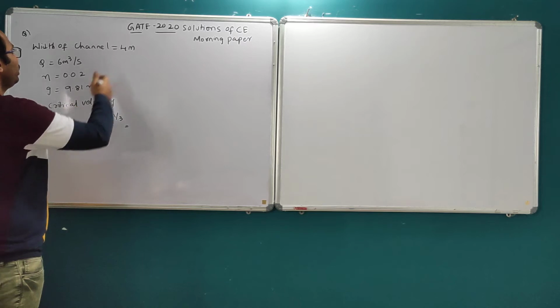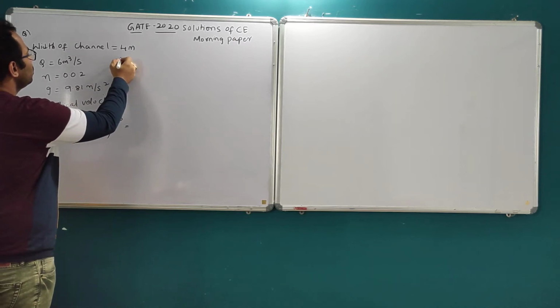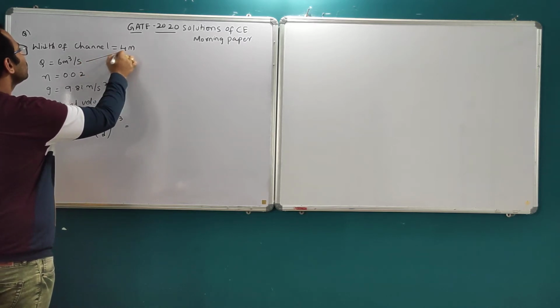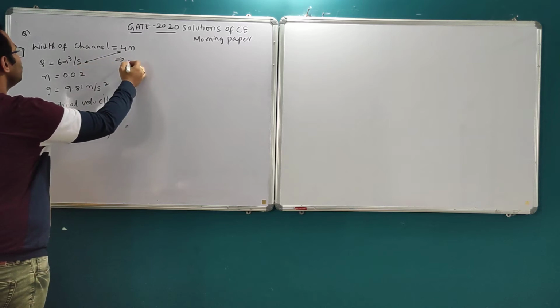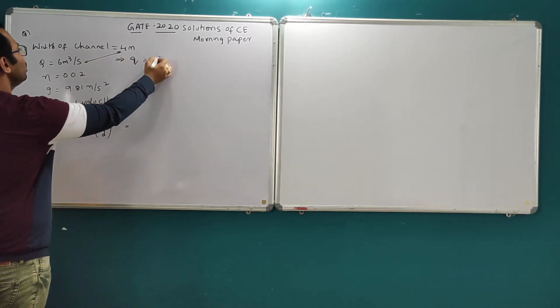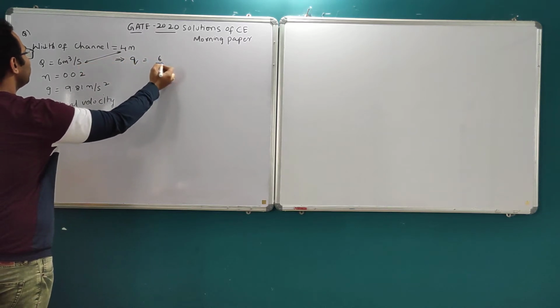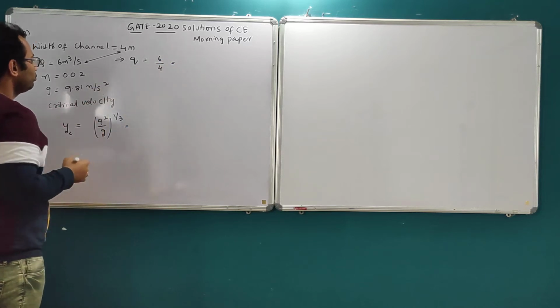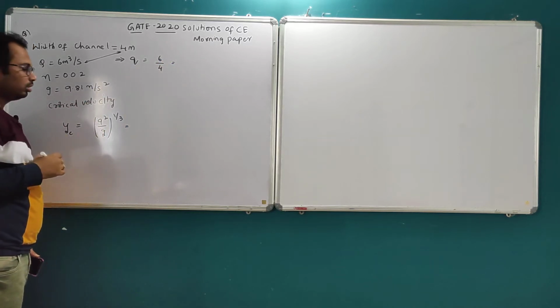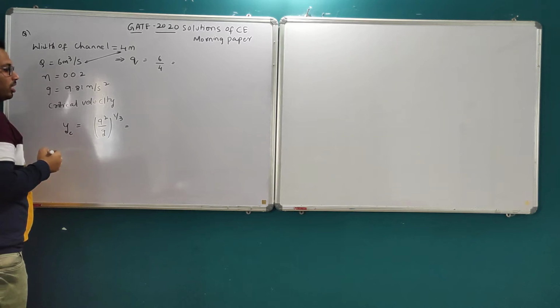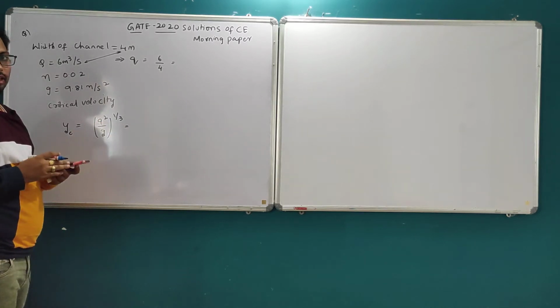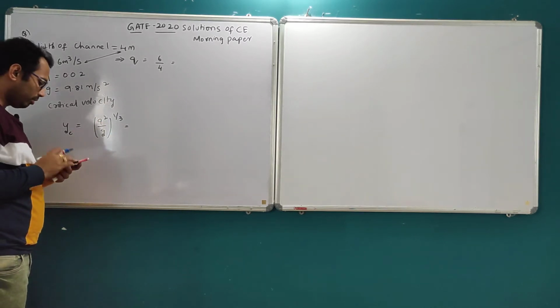So width of the channel is known. So from these two values we can find small q. That is nothing but 6 by 4. So this is q and you know g. So using this you can find the critical depth of the channel.